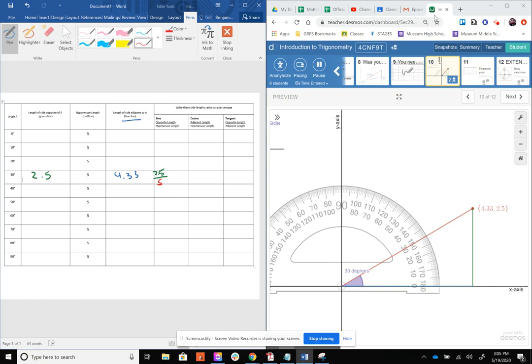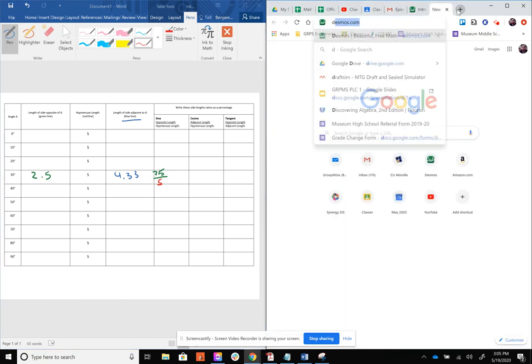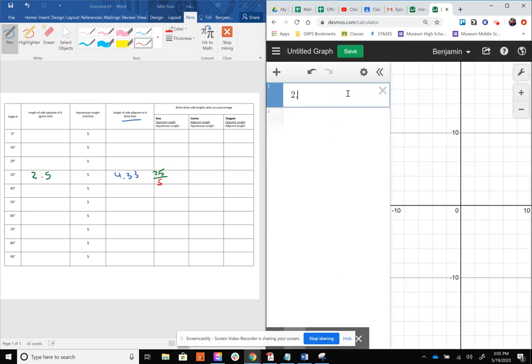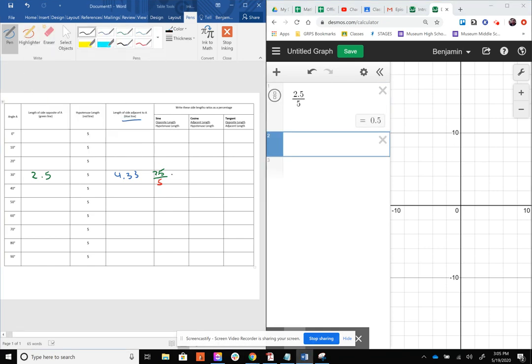And then if I calculate that, I'm hoping that you can do this in your head, but just for the sake of it, I'm going to take 2.5 and divide it by 5. I get 0.5, or 1/2. So let's write 0.5.